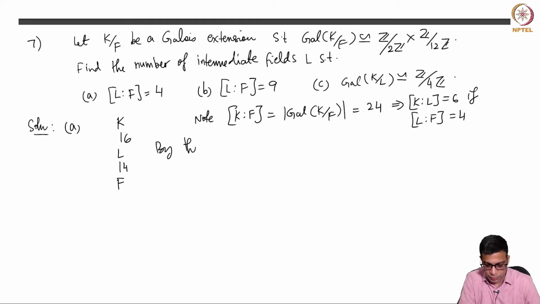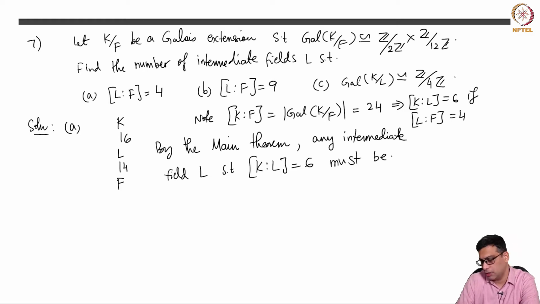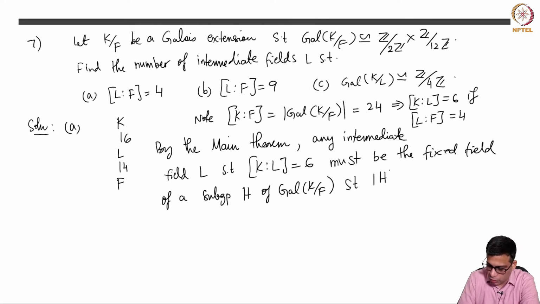By the main theorem, any intermediate field such that [K : L] is 6 must be the fixed field of a subgroup H of the Galois group such that the order of H is 6.